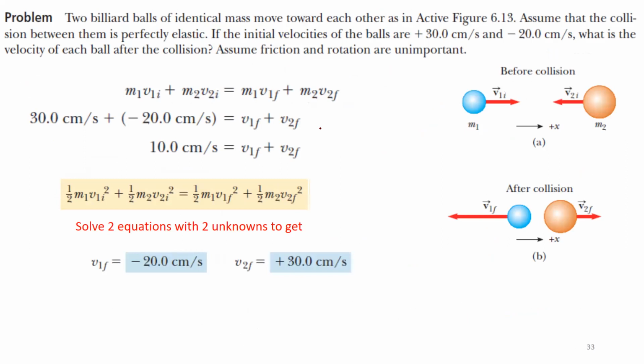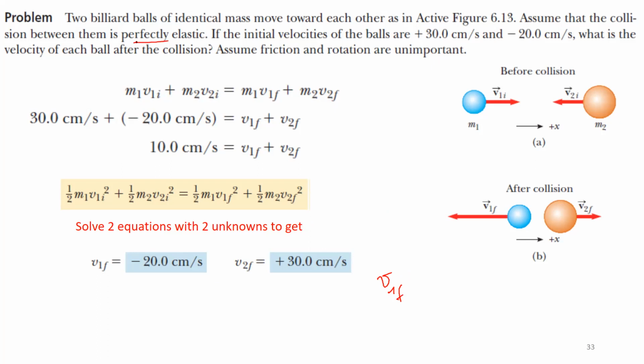Yes. Okay, in this problem, the masses are the same, so they are just swapping the velocities. I talked about that in class. When the masses are the same, well, I can write it down. This is V1 final. By the way, it's a perfectly elastic collision.